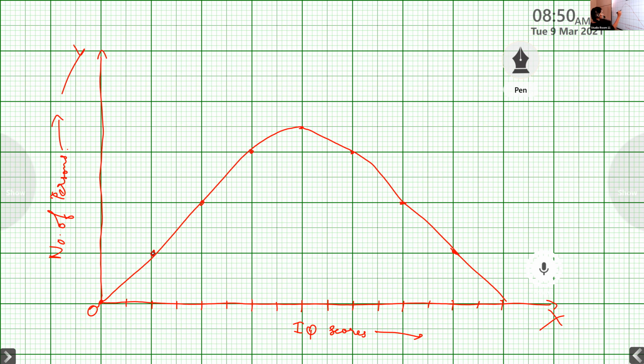So see, this is the mean. One, two, three, four, five, six, seven. Seven units on the left and right side. This will be the mean.